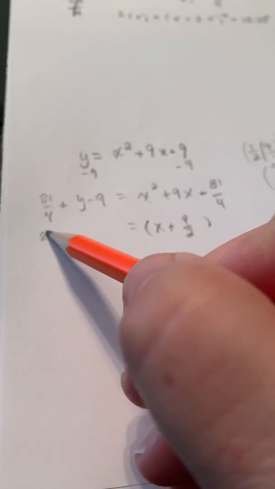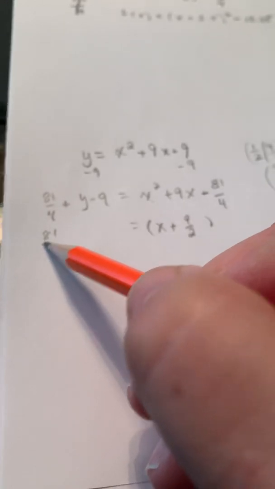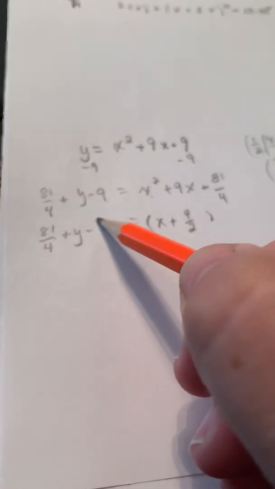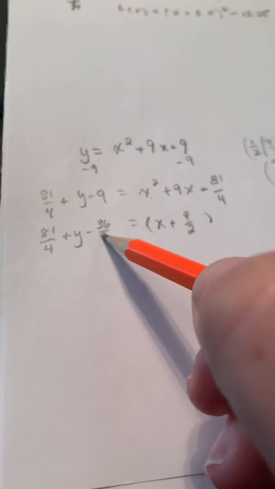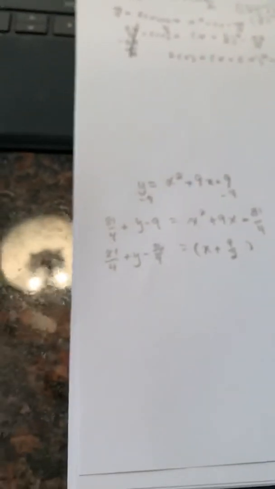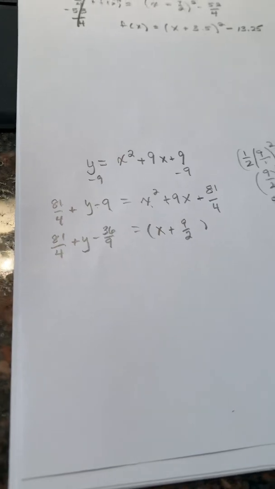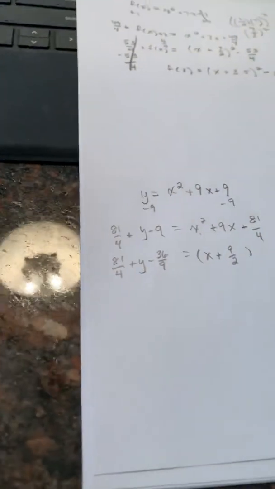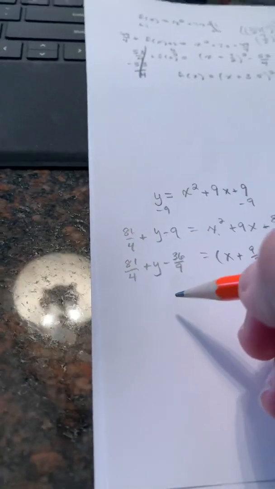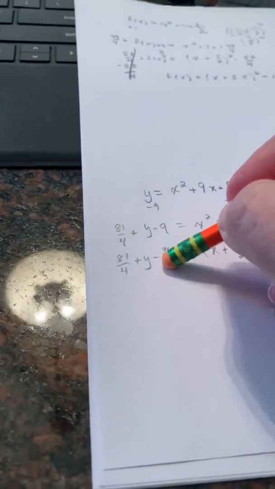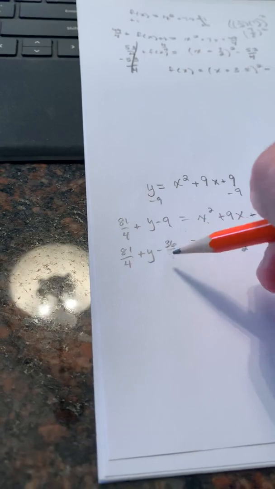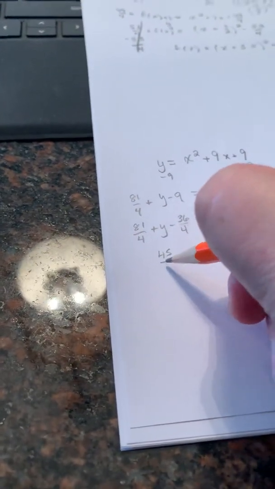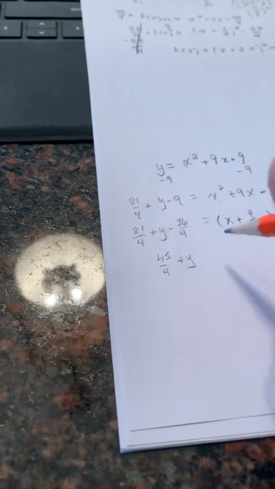So if I want to go into the fraction world, what I need to do is have 36 over 4 there. So then I have 81 minus 36 is 45 over, I'm sorry, that should be 4. So I have 45 over 4 plus y.